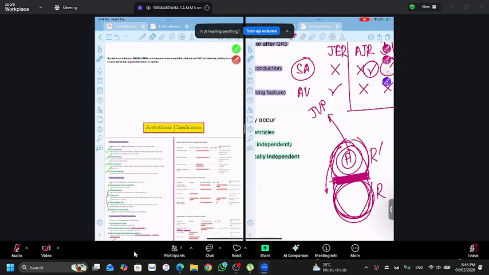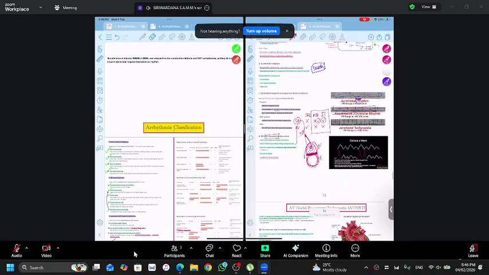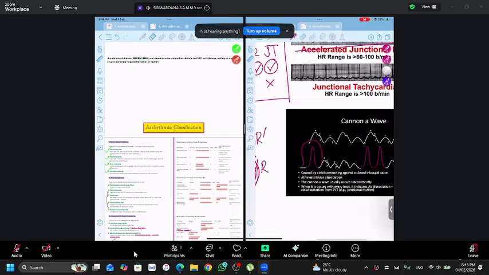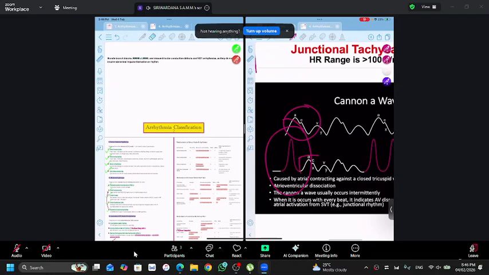The pressure will rise massively because this pressure will be transmitted along the jugular vein, and this will lead to a huge spike in the JVP curve. That is what we call a Cannon A wave. Normally the amplitude is small, but Cannon A waves are huge. So that is basically what happens there.